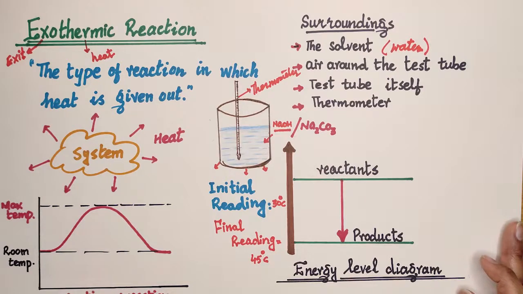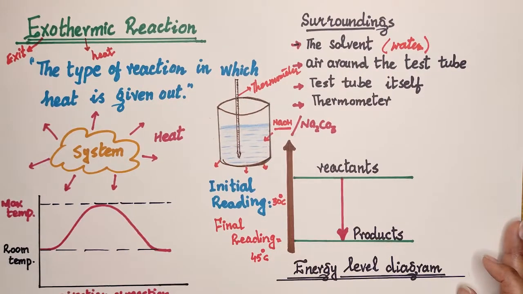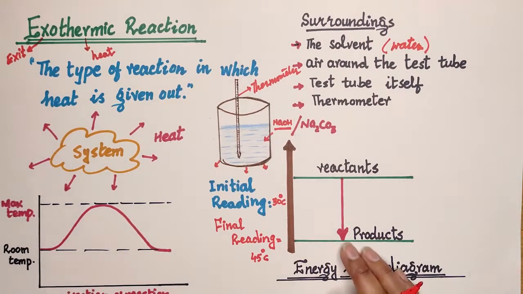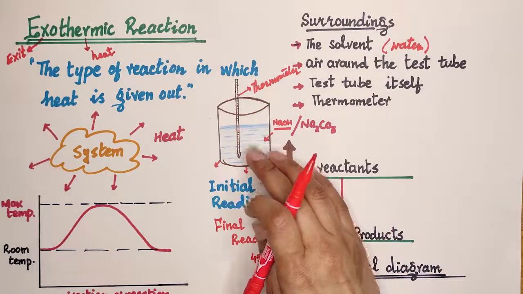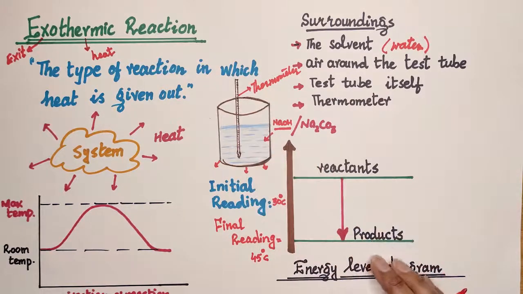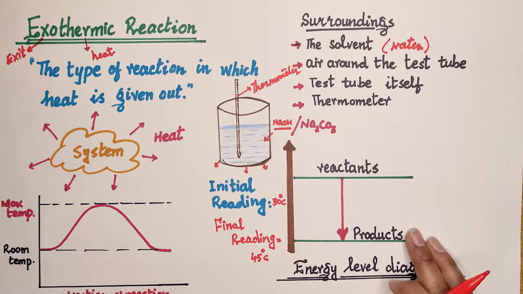Okay, then the energy level diagram for an exothermic reaction can be described like this: the products, the solution where the product is formed, have less energy. The solution has less energy than the solid and water at the start.